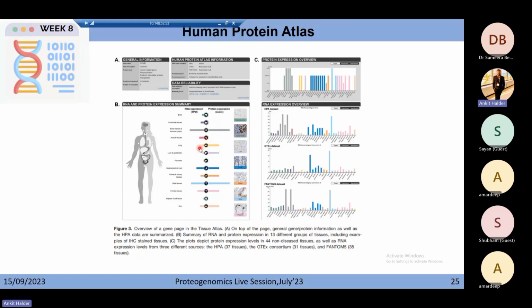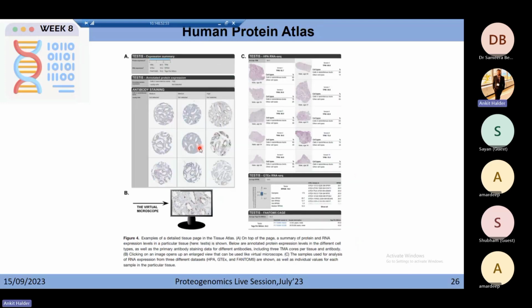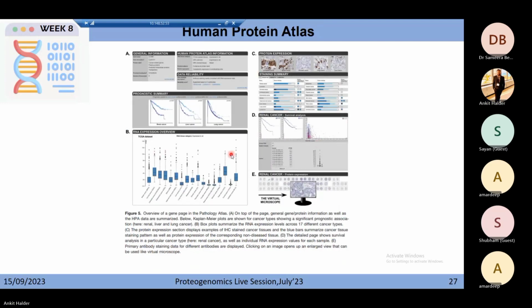That's why you need to understand all the levels together, so that you can finally conclude anything. So this is how you can see the expression, antibody staining, and the RNA-seq data. Okay, the RNA expression overview for that particular thing.